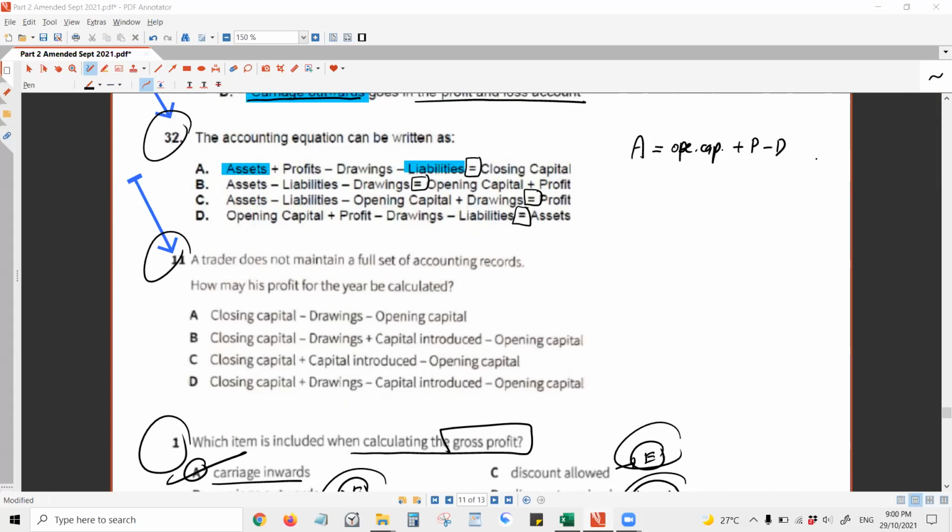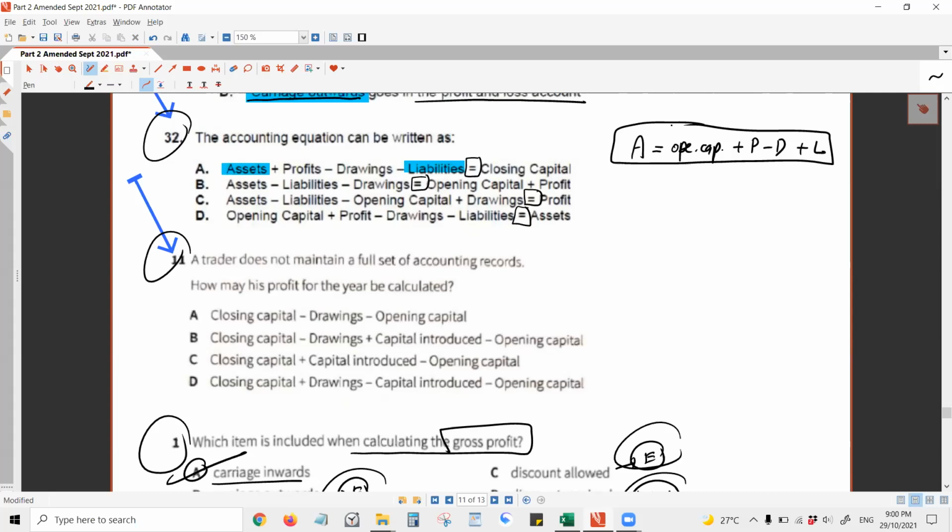Additional capital, or you call it capital introduced? Don't have, right? That means just leave it. So this is the correct equation, following the accounting equation sequence, plus liabilities.